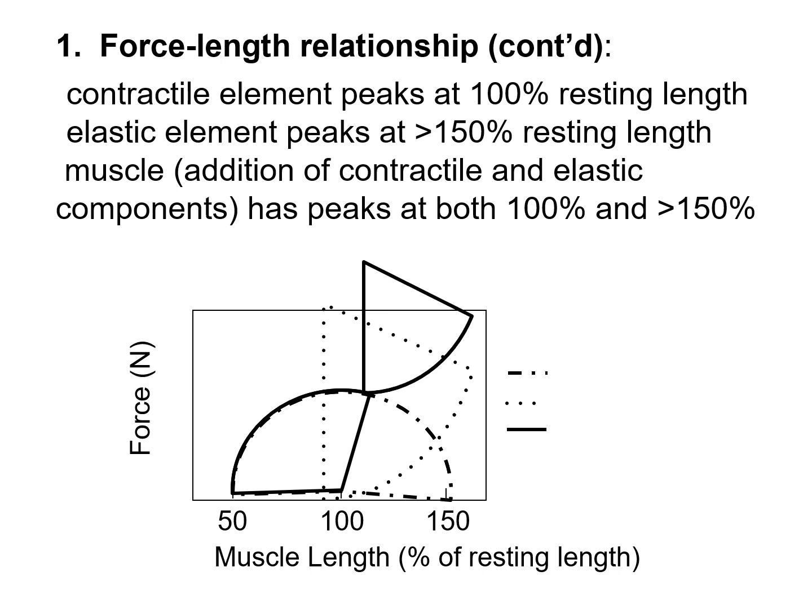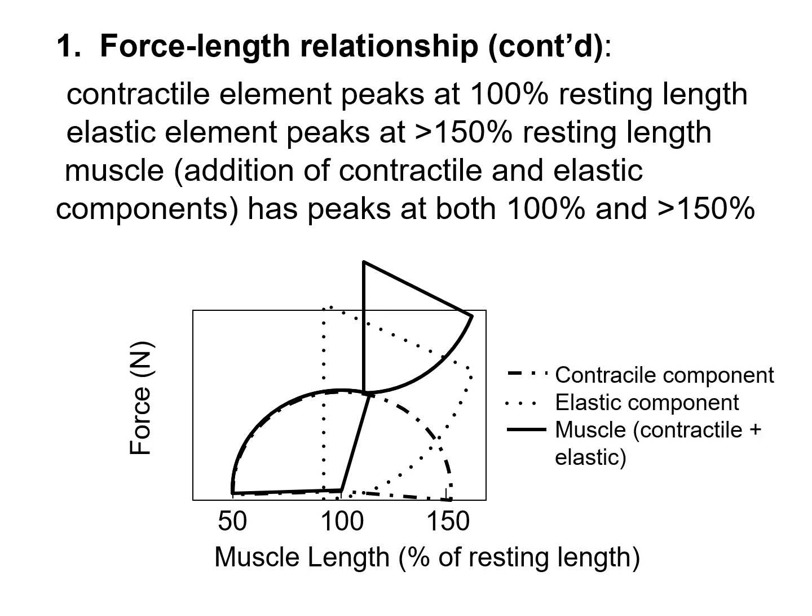We are adding the contractile and elastic component, and the muscle has peaks at both 100% and greater than 150%. So we see that if we either contract the muscle or lengthen the muscle, we're adding force into the muscle.